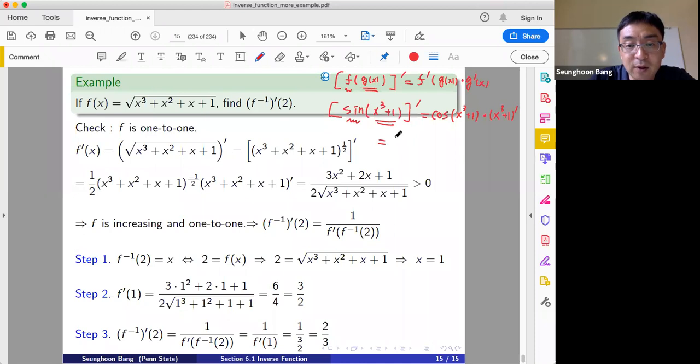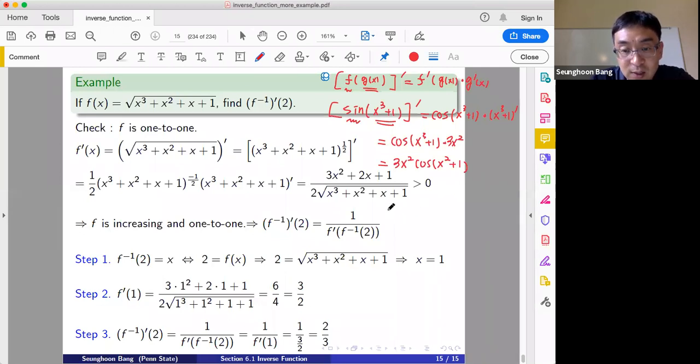So what is x cubed plus 1 prime? X cubed prime is 3x squared. The 1 prime is 0. So rearranged, 3x squared times cosine of x cubed plus 1. That's it. This is exactly one basic idea of the chain rule.